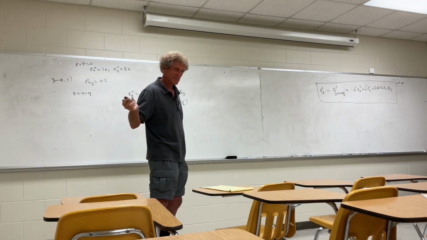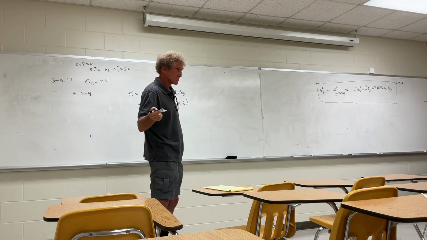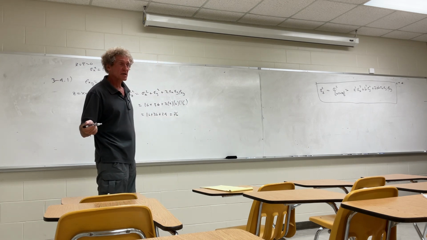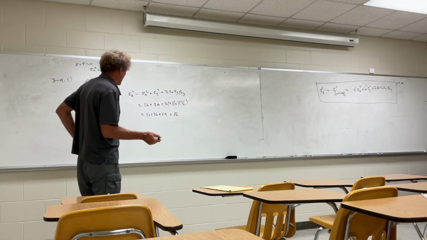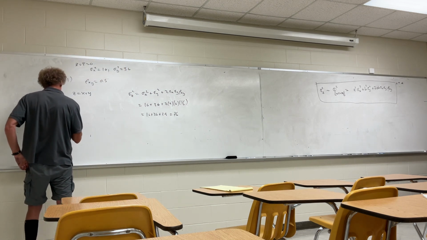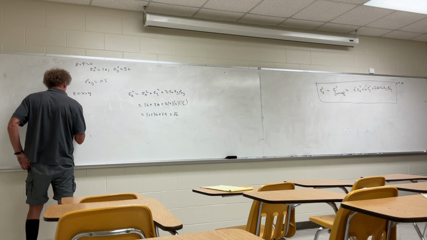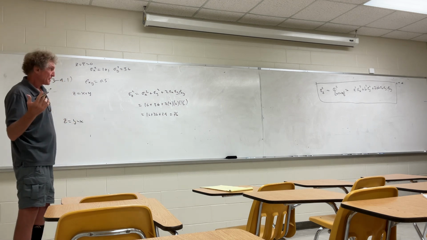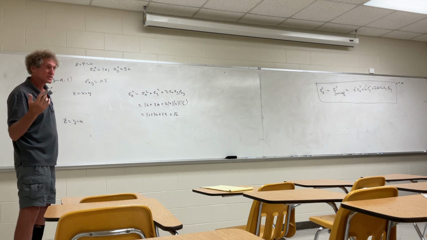What's the next part? Find the variance of their difference. Okay, almost the same thing. But now Z is equal to, I'm going to put it as Y minus X. It really doesn't matter. On this one there's one slight difference.